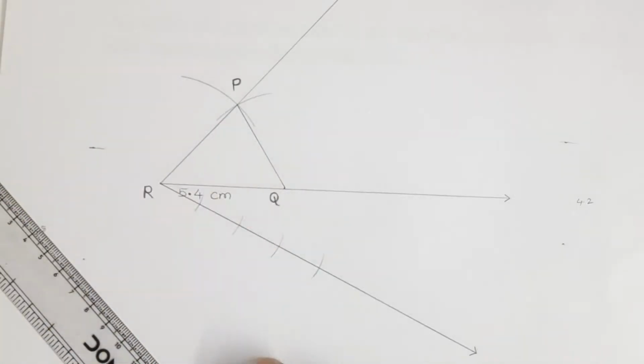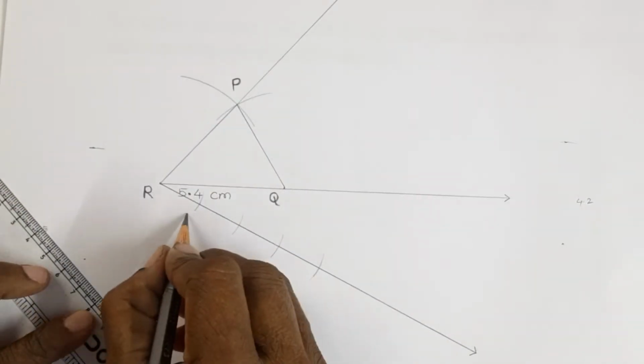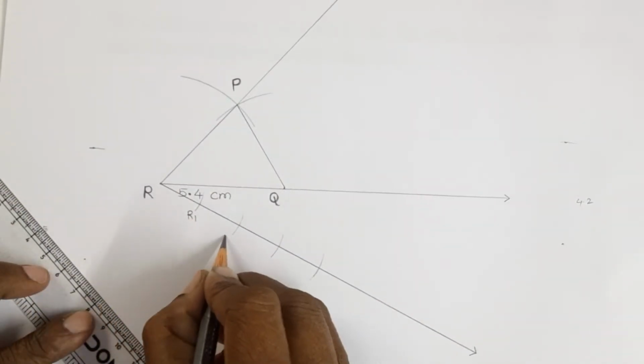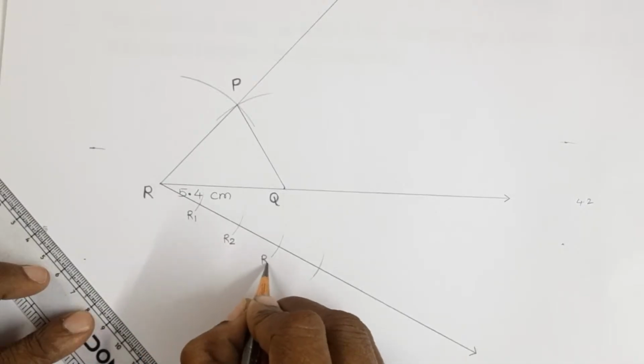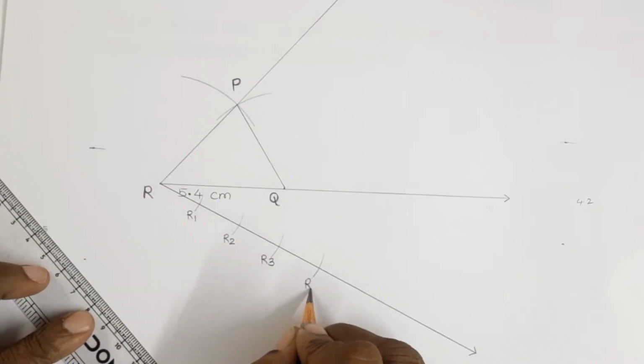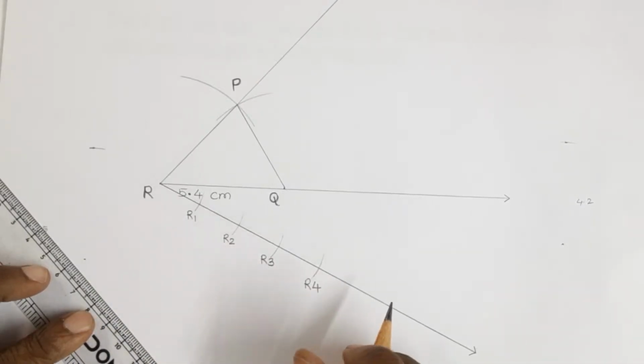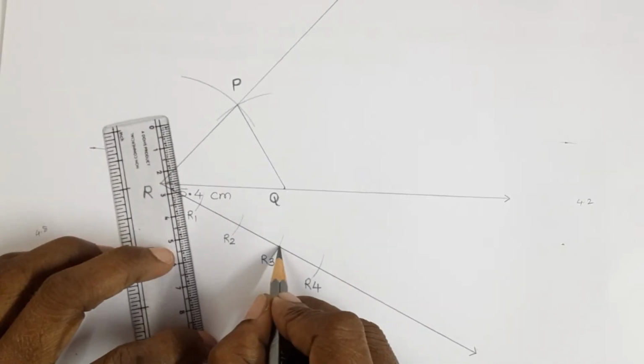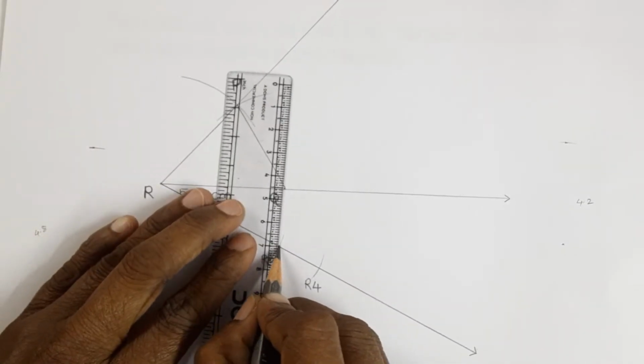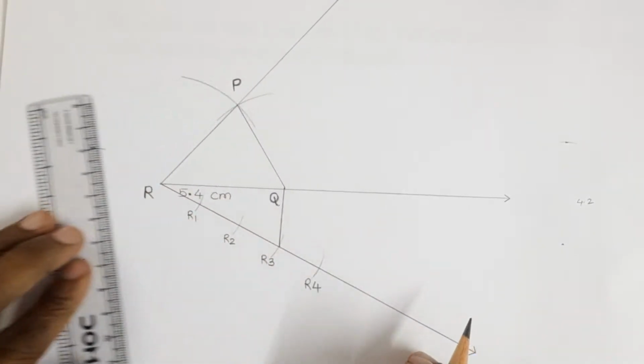Okay, this way. So here R1, R2, R3 and R4. So now we have to join R3 and Q.